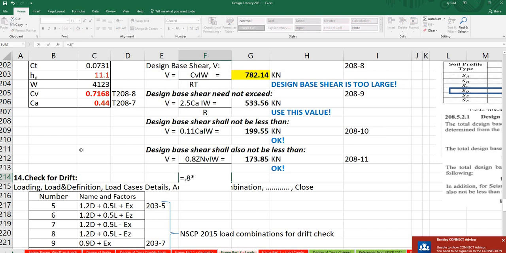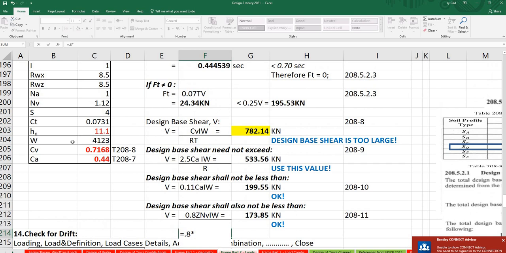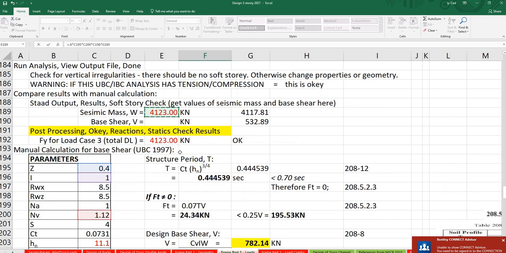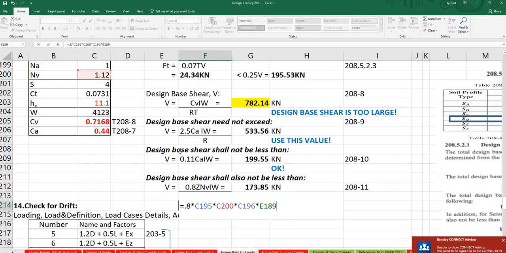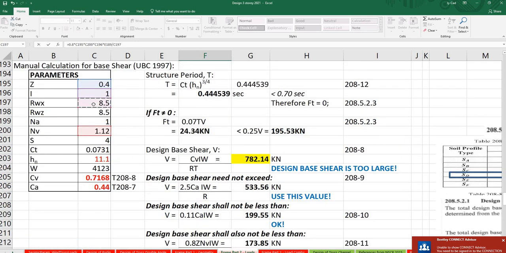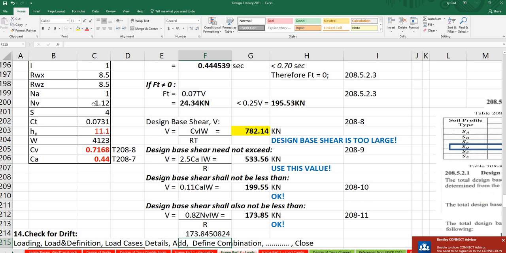0.8 times Z, ayan, 0.4, times Nv, times I times W, divided by R. Okay, so 173.84.